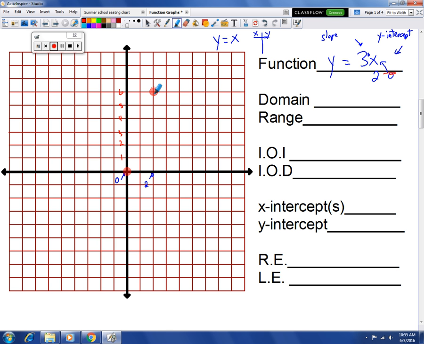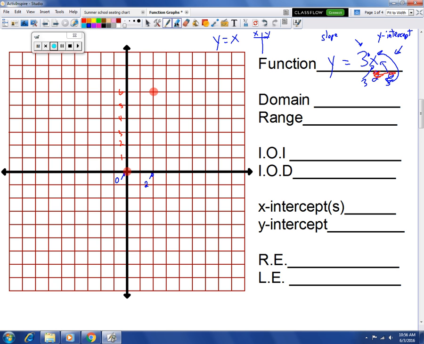You find out I can't really pick too big a number. If I pick x equals 5, for example, and plug that in, 3 times 5 is 15. I don't have 15 blocks to go on the y-axis, so I have to think about what I can pick for x. I'm going to pick 3. That's really the biggest x value I can pick, and 3 times 3 is 9.